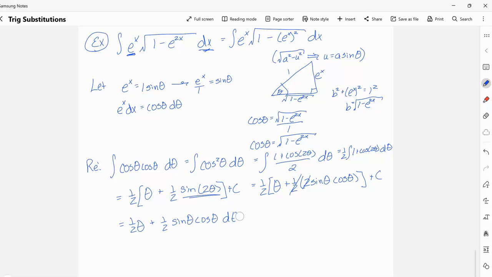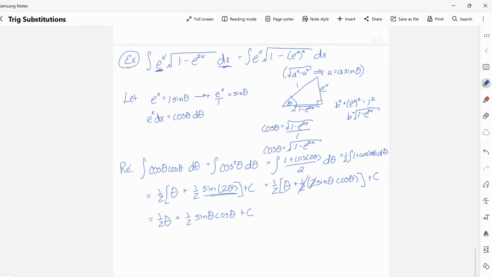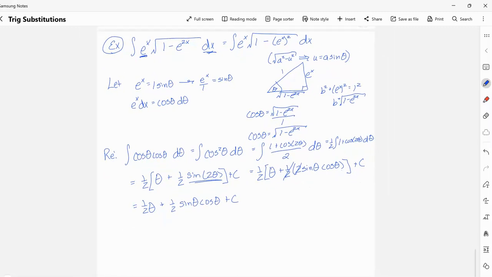Oh, just kidding. I don't know why I wrote d theta. Plus c. So let's substitute in what we know. We've got to solve for theta. So if I take the inverse sine of both sides, theta is going to be equal to arc sine of e to the x. So I'm going to have 1/2 arc sine of e to the x.